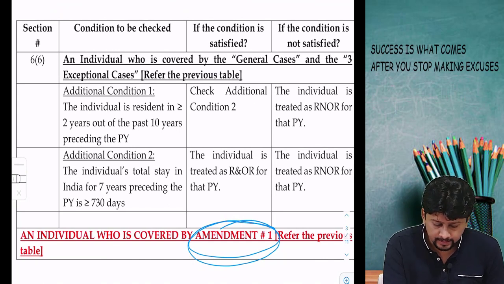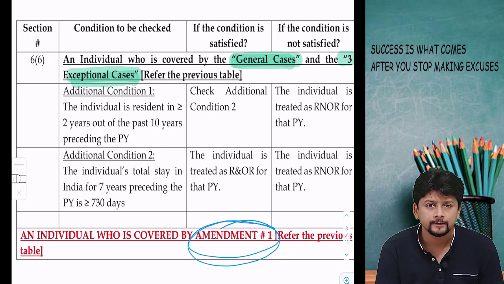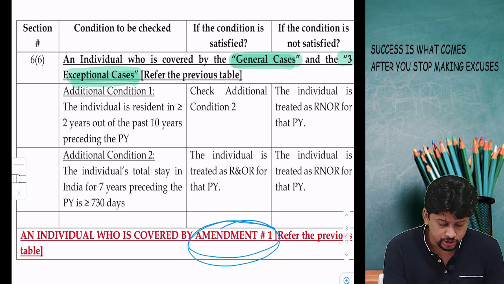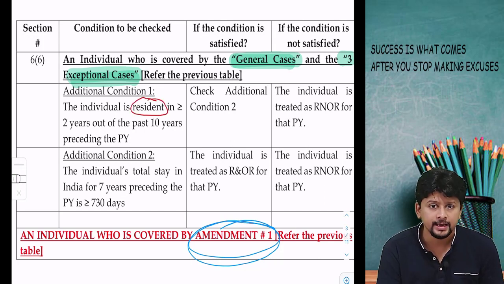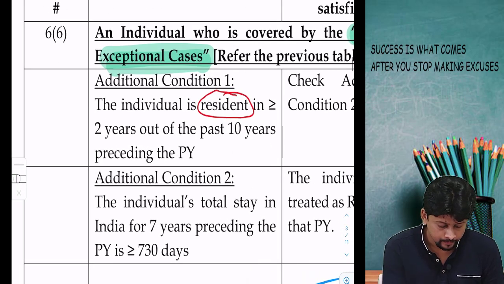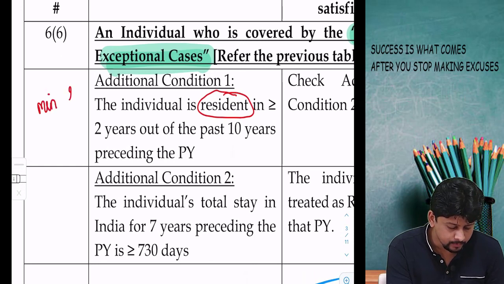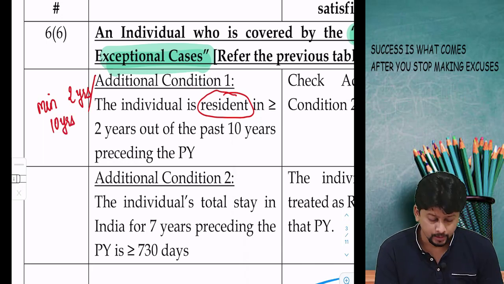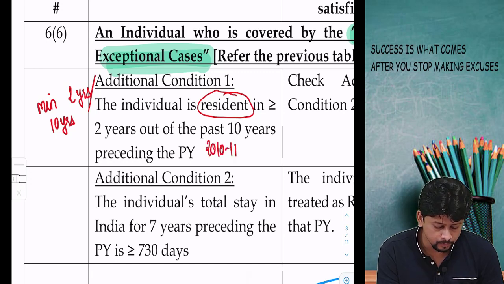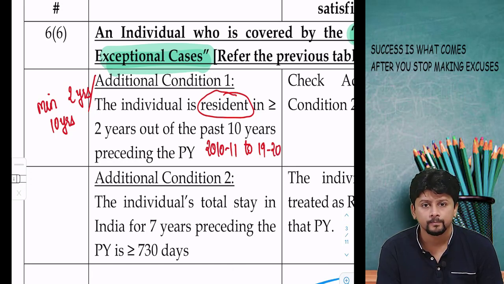Somebody who is covered by the general cases and those 3 exceptional cases. Then additional condition number 1: you must be a resident in India for minimum 2 years out of the preceding 10 years. So for us, those 10 years are going to be 1011 to 1920.